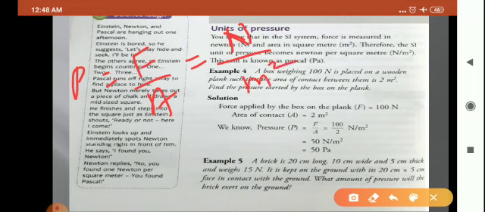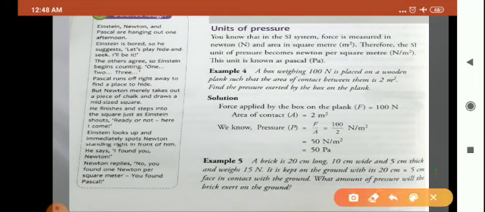So SI unit of pressure is Newton per square meter, and which is also known as Pascal, after the scientist. Who was the scientist? It is given by the name of the scientist Blaise Pascal. Okay. So Newton per meter square, and same is the unit for the thrust also.